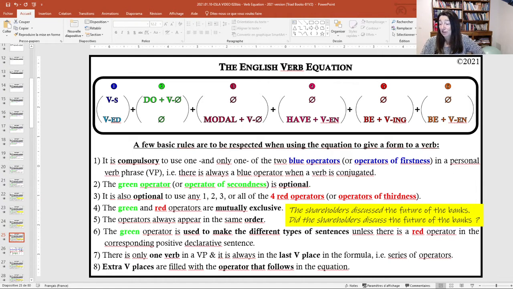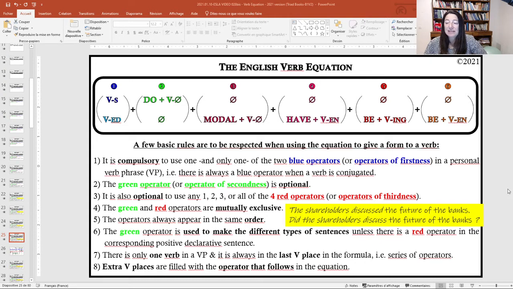And so as you know here, what we have is, let me highlight it for you. So we have VED and do plus V0, and of course when the green operator is used, there is no red operator.